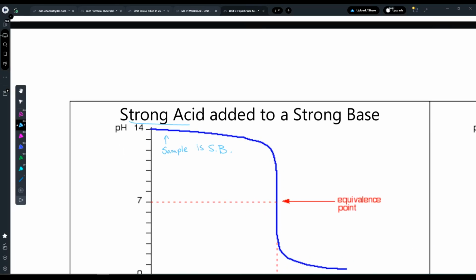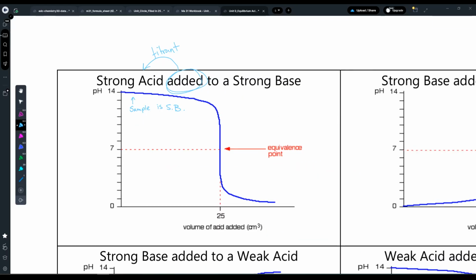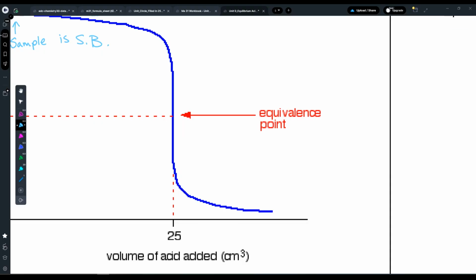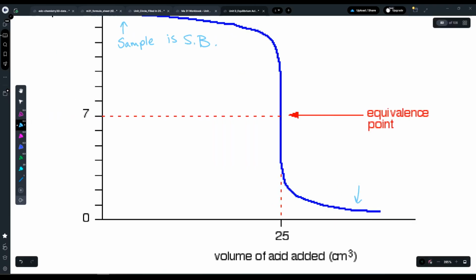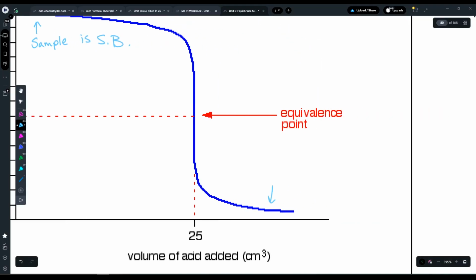When you have this kind of wording, a strong acid is being added, whatever is being added is your titrant. And we can double check this because the ending pH is going to be closer to the pH of your titrant. We can tell here because it ends at quite a low pH. A strong acid was the titrant.